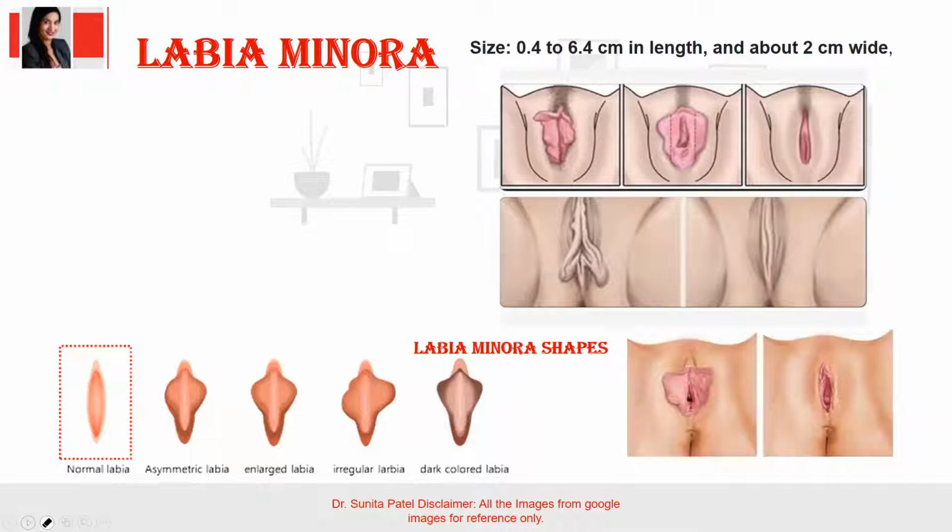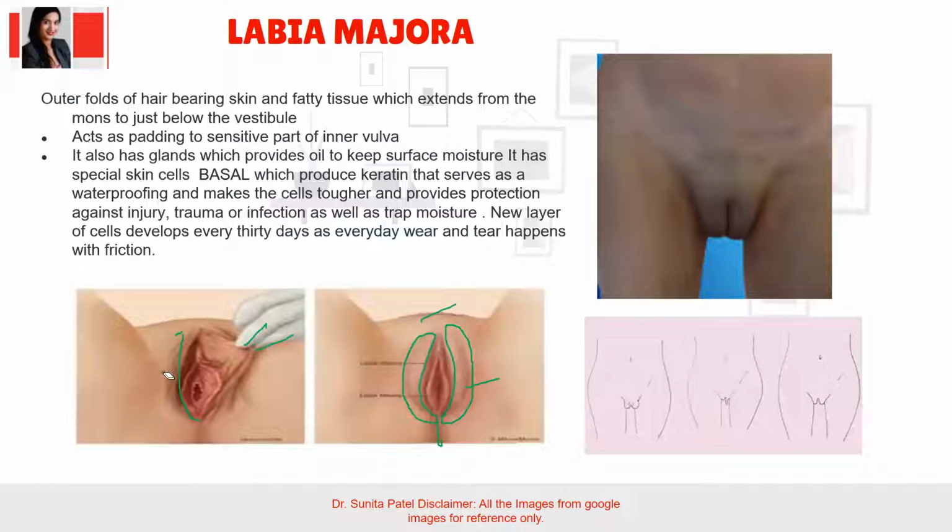Once you separate apart the labia majora, assume that you are separating them with your fingers on the sides, you will see another wall inside, and we have got two walls, right and left walls, and that is the labia minora.